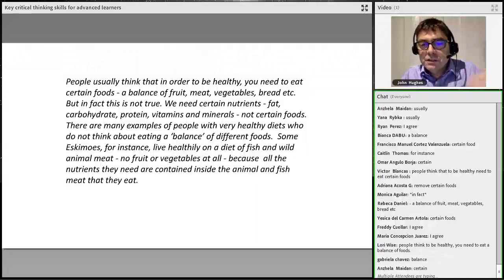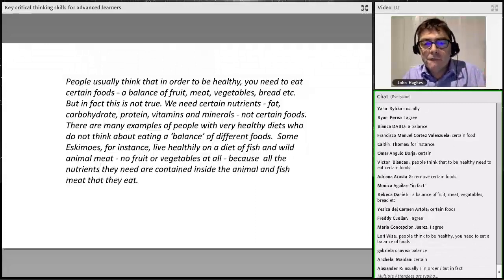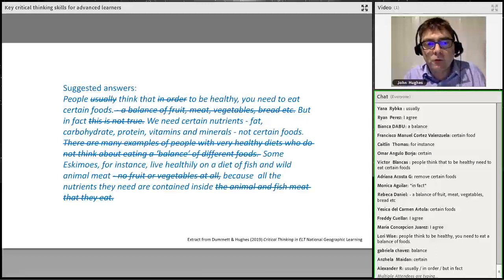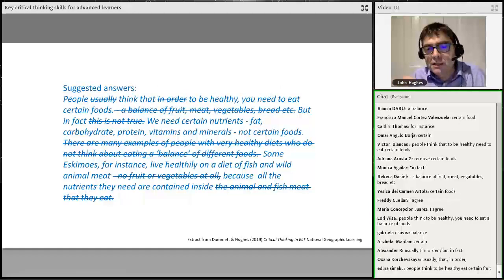What I do with students is I give them the whole paragraph, they have a go at deleting all the words, and then I give them an example answer of what I'm looking for. So here's my suggested answer. And there you can see I've deleted a load of words, but still tried to keep the main sense of the paragraph.